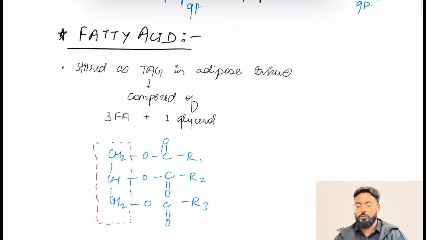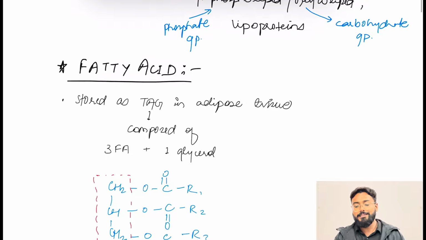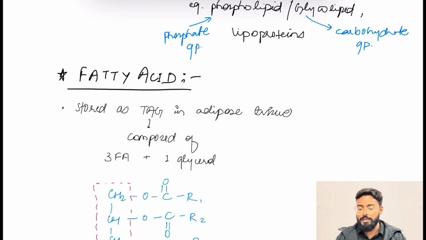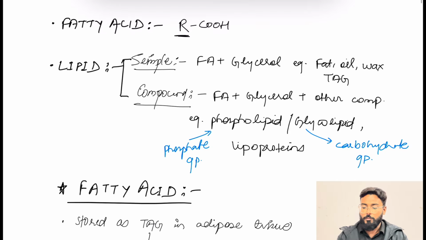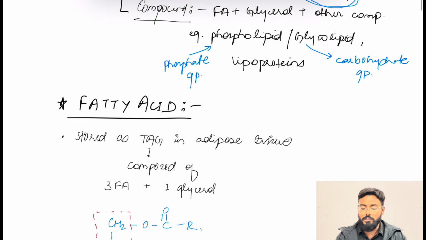Now coming on to fatty acid. Fatty acid is stored inside the adipocyte in the form of triacylglycerol. It is a simple lipid, and it has two components: one is fatty acid and another one is glycerol.